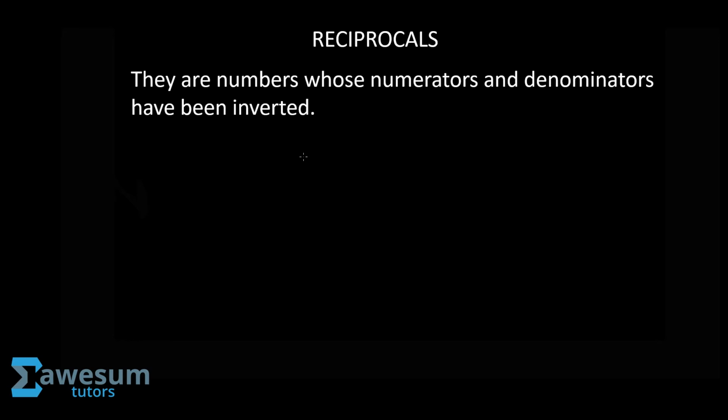Today we are going to be looking at reciprocals. These are numbers whose numerators and denominators have been inverted. Take for example, you have A over B. What we are saying here is that the numerator and the denominator have been flipped.